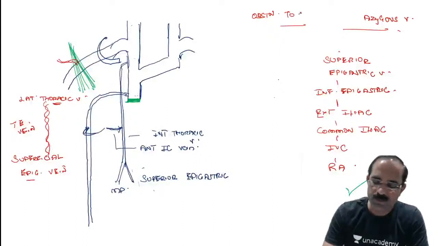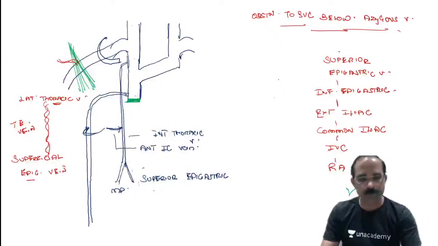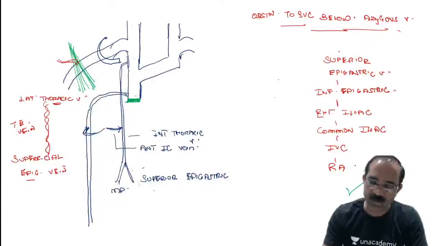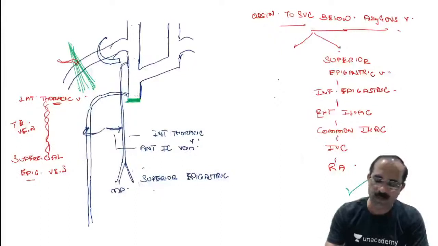Obstruction to SVC below the opening of azygous. So obstruction to the SVC below the opening of azygous. So we make two arrows right here. I'm starting with this.